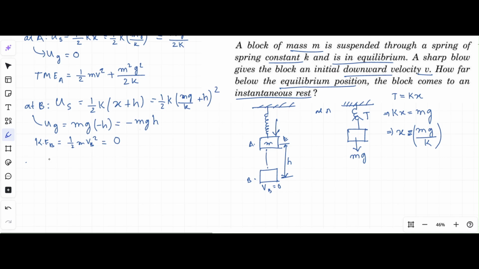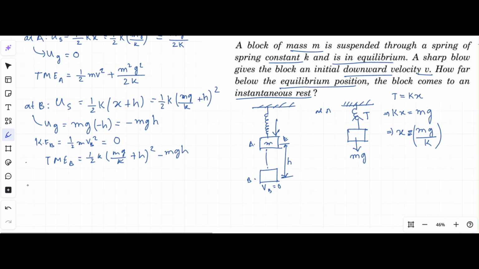So the total mechanical energy at B is equal to half k times (mg by k plus h) whole square minus mgh.